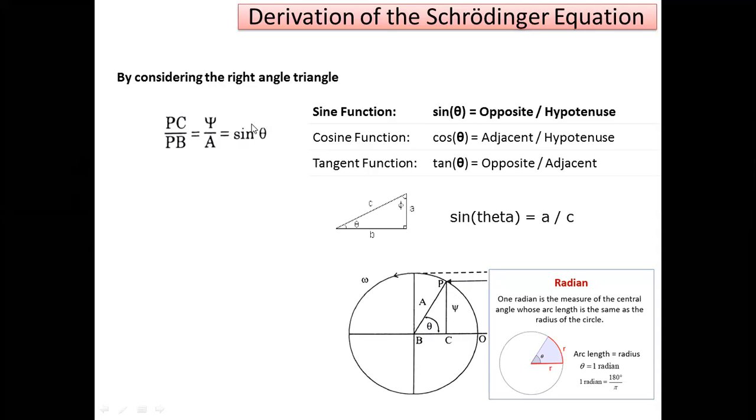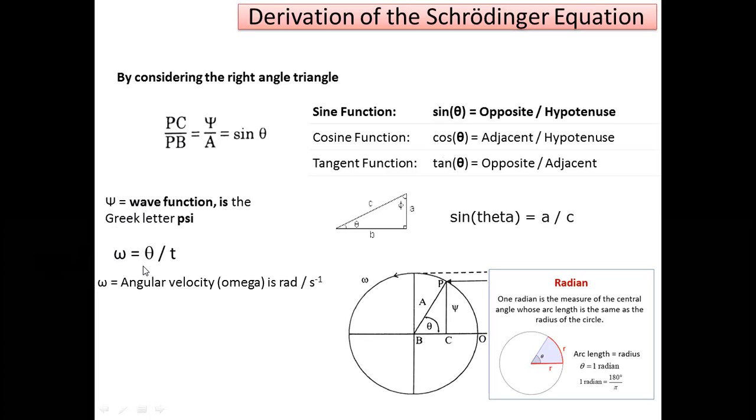So sine theta equals PC over PB as per the trigonometric function, and PC will be the wave function divided by A as indicated here. As explained before, this is the wave function, the Greek letter called psi.